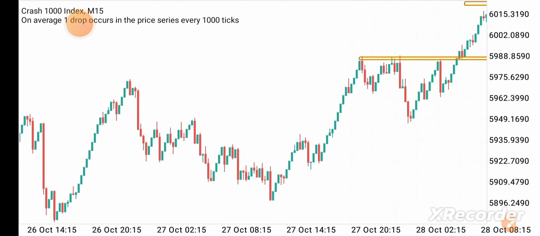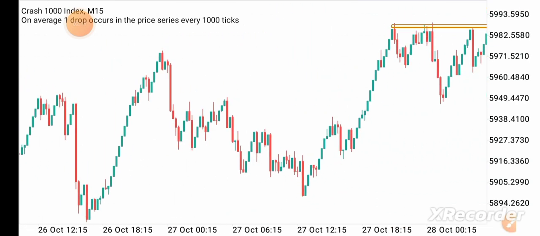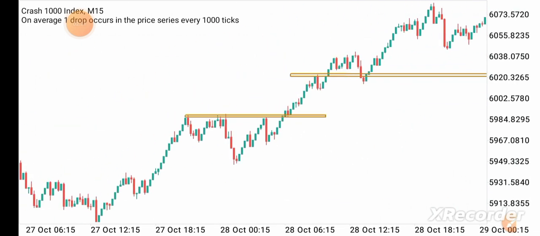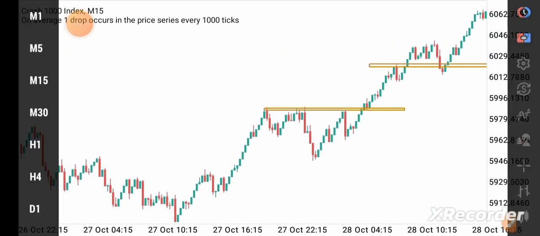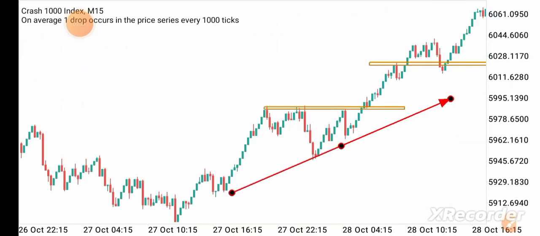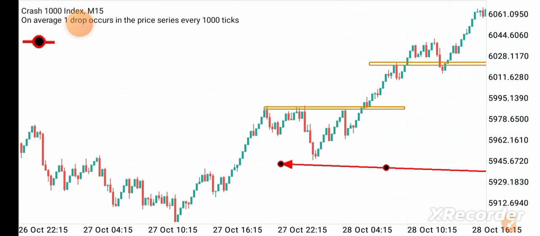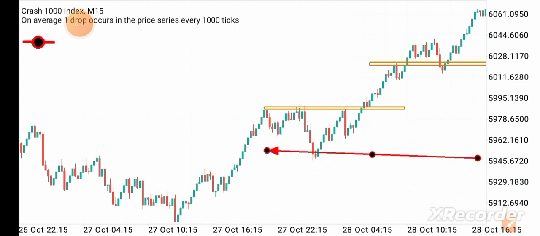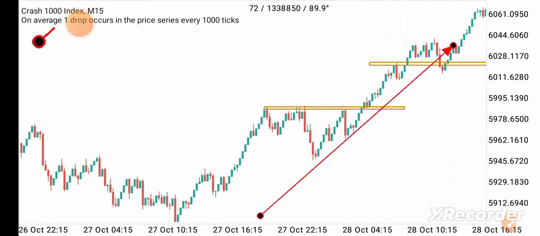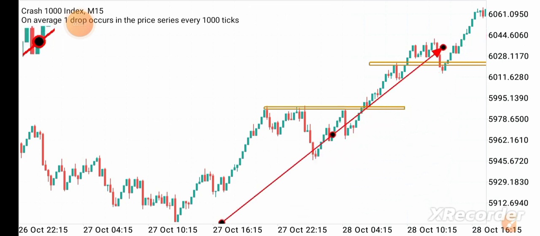Now, if you confirm the market is in an uptrend, how am I sure this market is in an uptrend? Like what we are seeing here, you can see this market has been bullish. You can see we have a series of higher highs and higher lows. Look at higher highs and higher lows. Market is going up, so we see the market is in an uptrend.